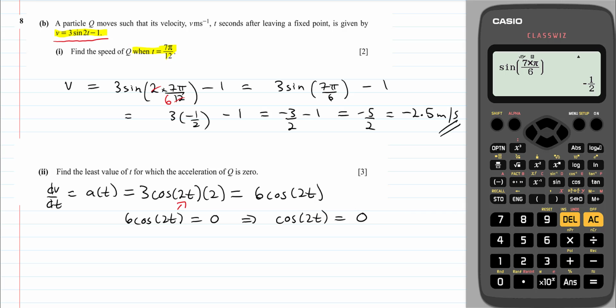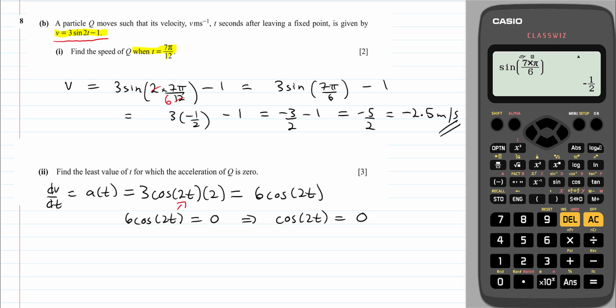If we have cos of theta equals 0, that angle theta must be pi over 2, 3 pi over 2, 5 pi over 2, etc. I'm not worrying about the negative values of the angle because we're just dealing with time here, and that is always going to be greater than or equal to 0.